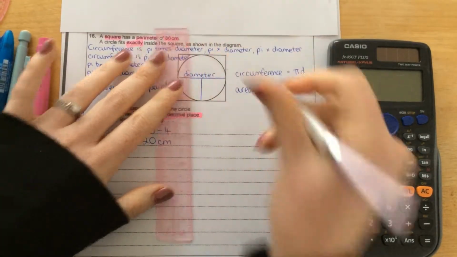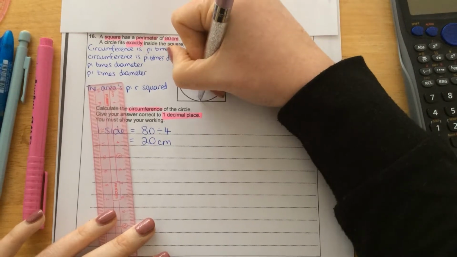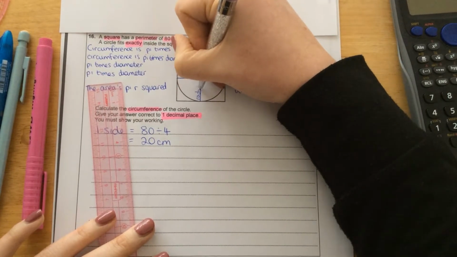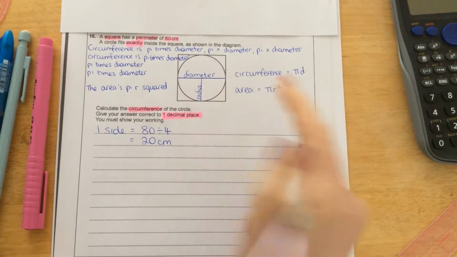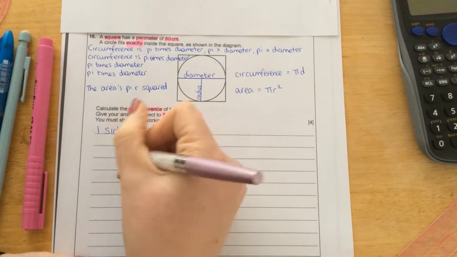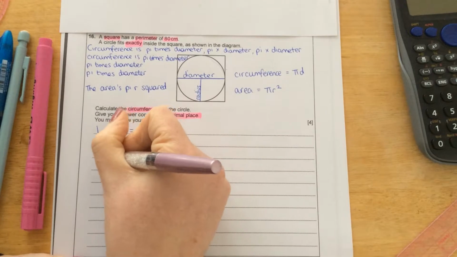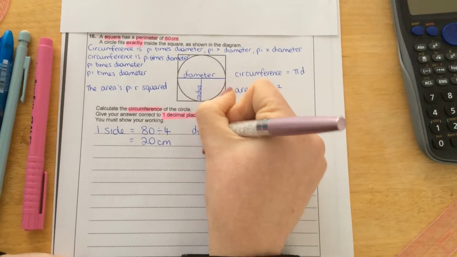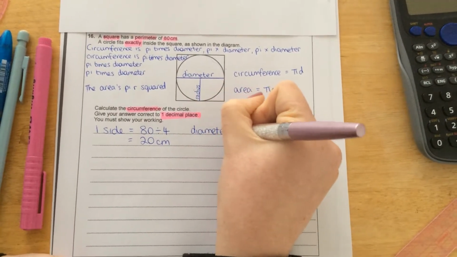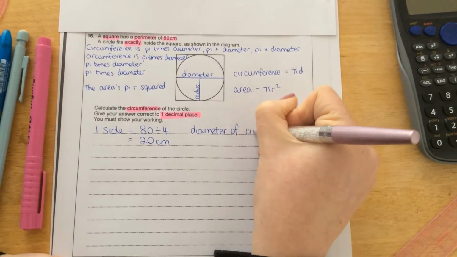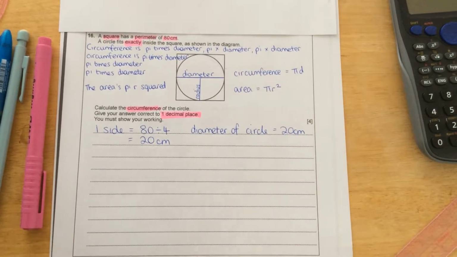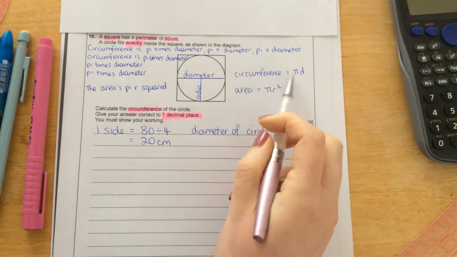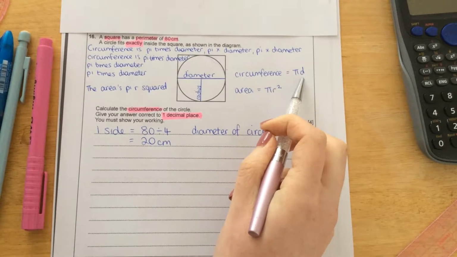The radius is half of the diameter. You don't really need to know that for the circumference. So if we say the diameter of the circle is 20 centimetres, it's really important because to work out the circumference, we need to do pi times diameter.